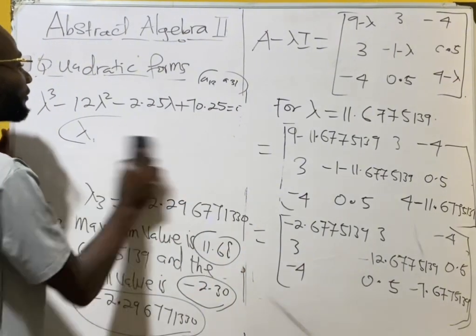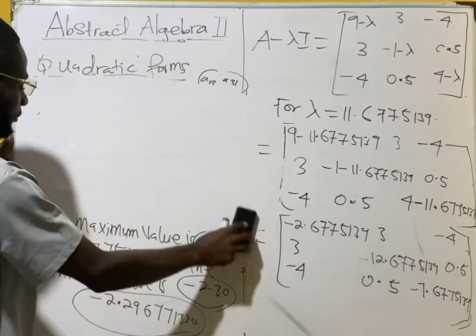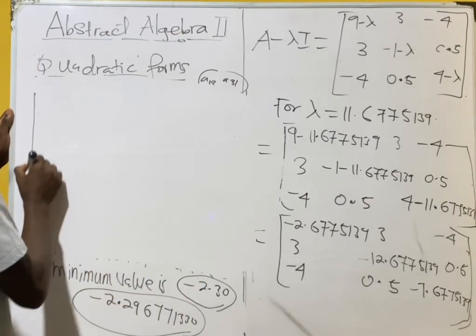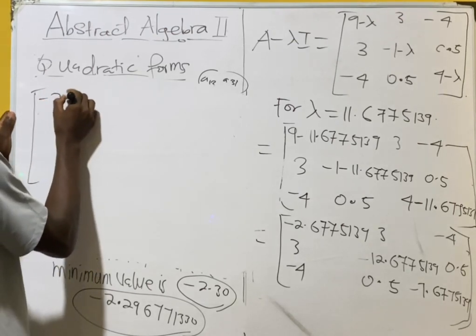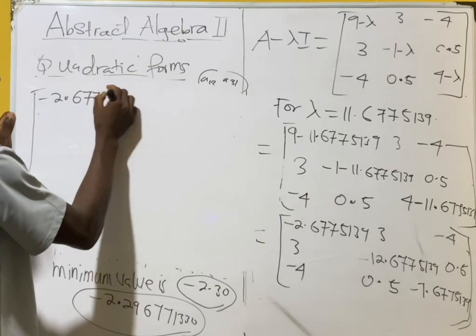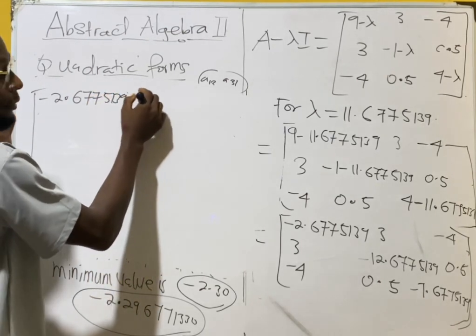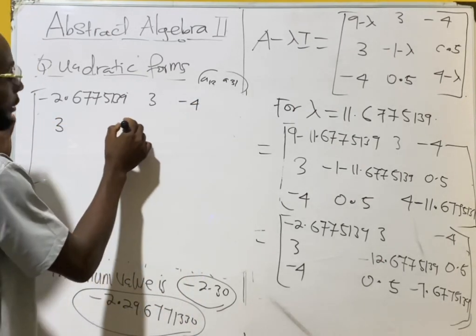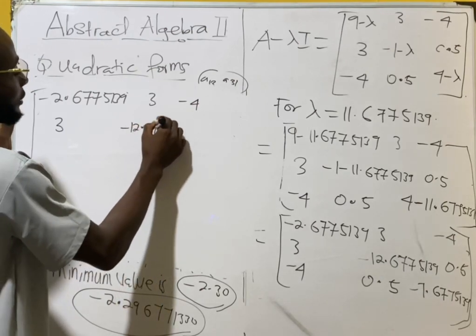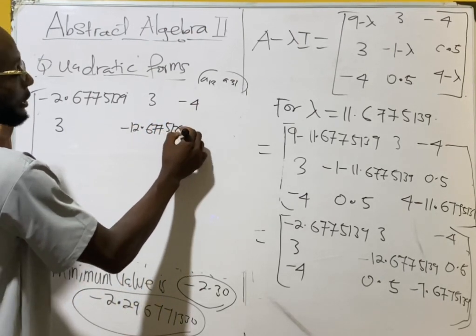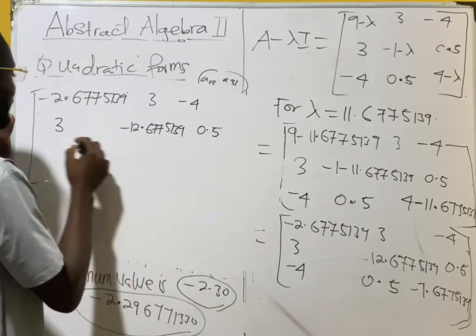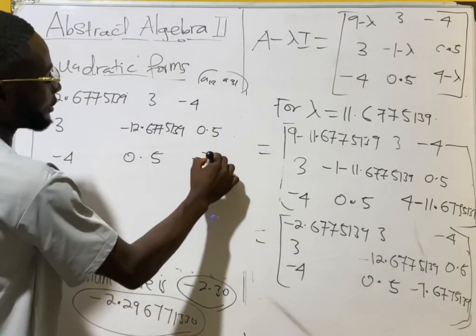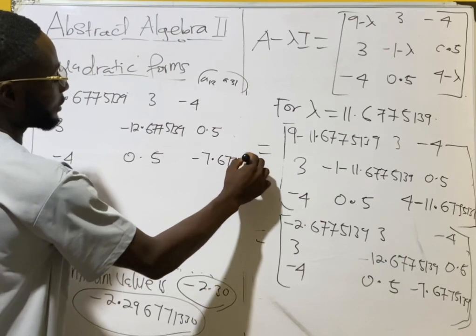So we're going to have this: negative 2.6775139, 3, negative 4, 3, negative 12.6775139, 0.5, then we have negative 4, 0.5, negative 7.6775139.